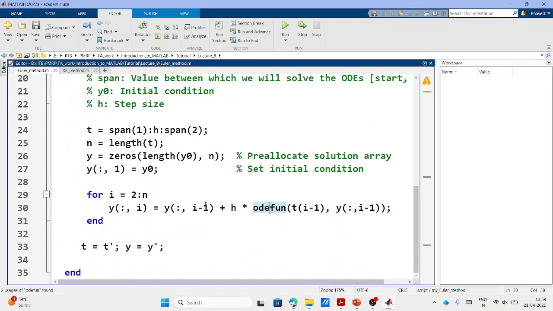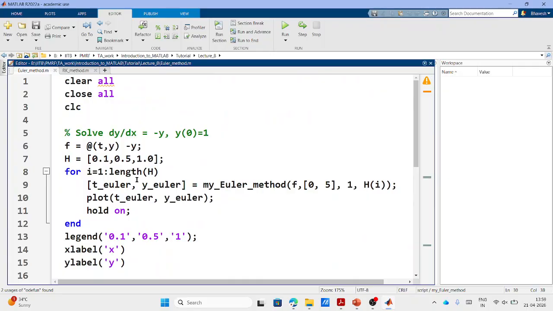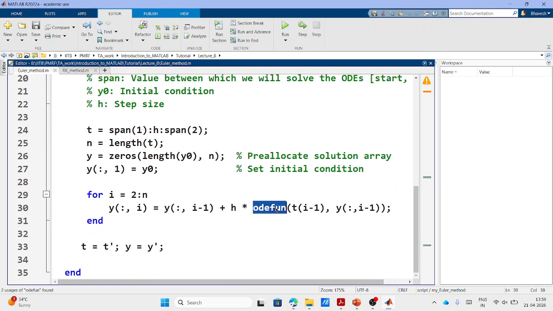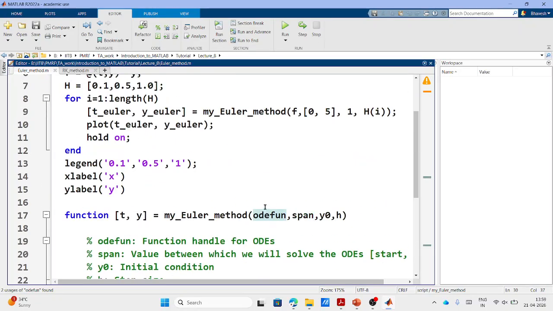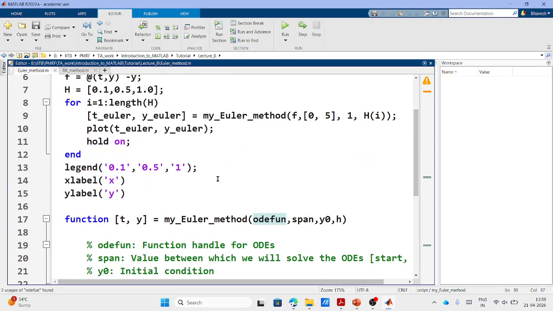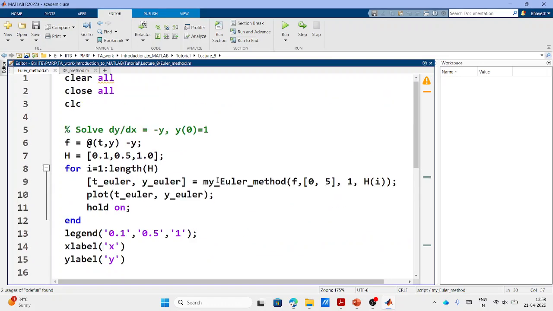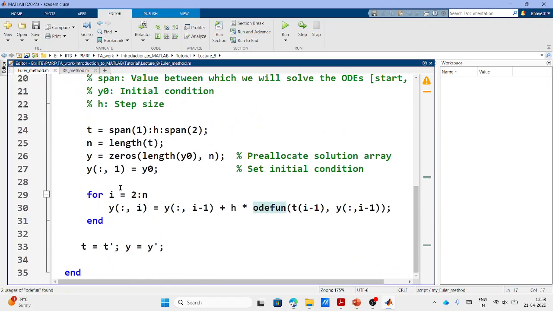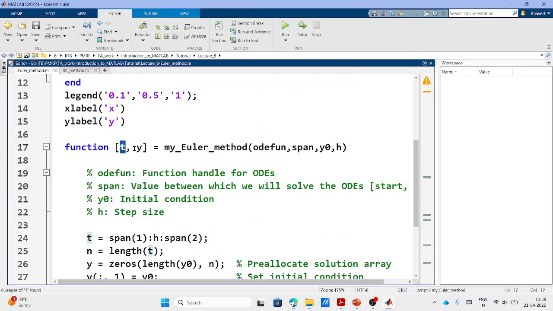So here I am coding the Euler method. I have created one function which provides me the time and y value, y with respect to time, and I am calling it my Euler method.